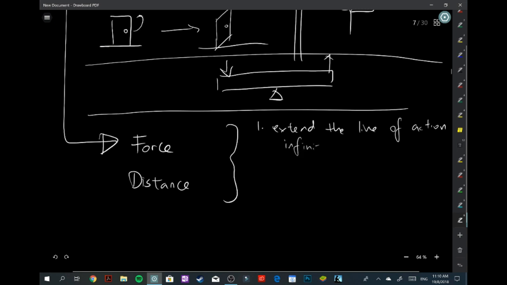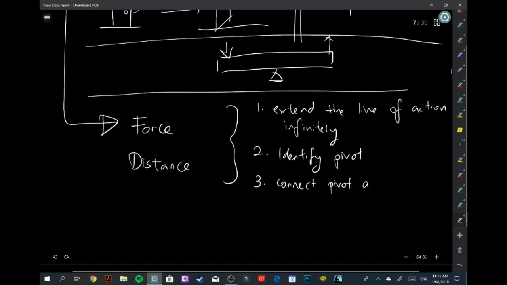The second one, identify the pivot, and the third one, connect the pivot and the line that you drew in number one with a perpendicular line.